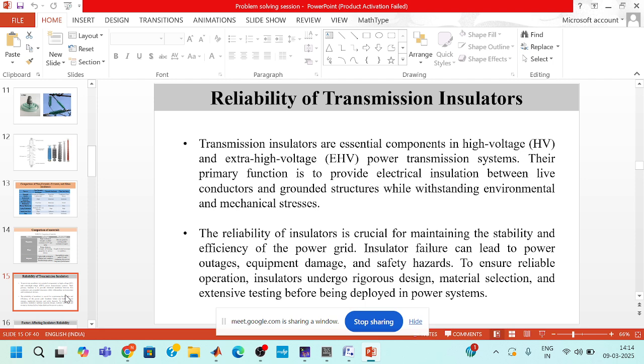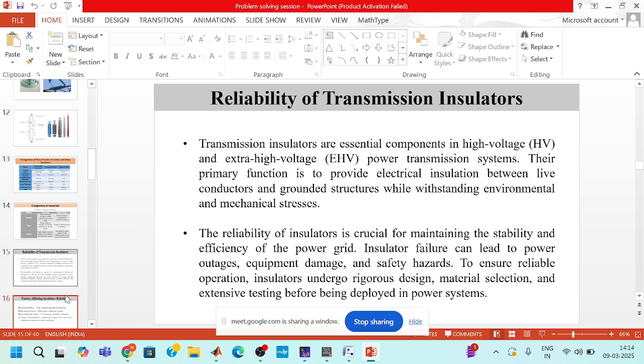So we check insulators for reliable operation. To ensure reliable operation, insulators undergo rigorous design, material selection, and extensive testing of different types before being deployed into power systems.